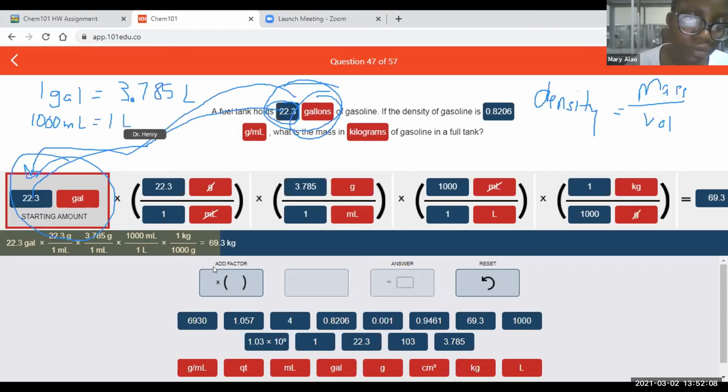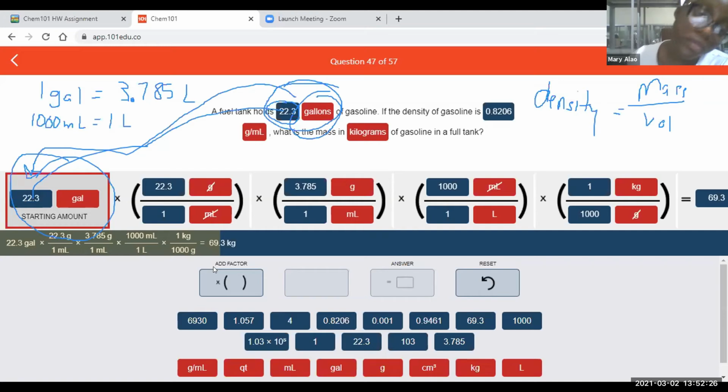So then I got my first couple of equivalencies. I know I'm starting with gallons, so I want to get rid of gallons. What do I need to put on the bottom to get rid of gallons on top?